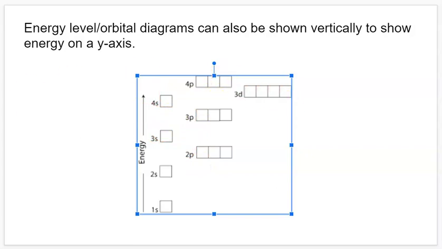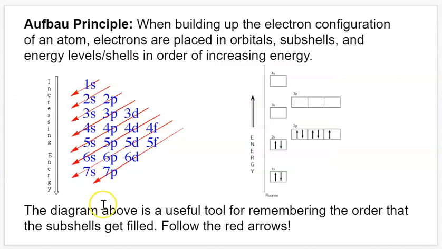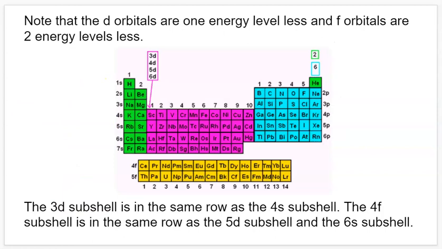So a way to remember this weird order is to either understand this diagram or understand how it maps to the periodic table. When we look at the periodic table, we have this little diagram here, 3d, 4d, 5d, 6d. What that's telling us is that even though we're in the 4th row before we get to one of these D subshells, these D subshells are technically in the 3rd energy level.